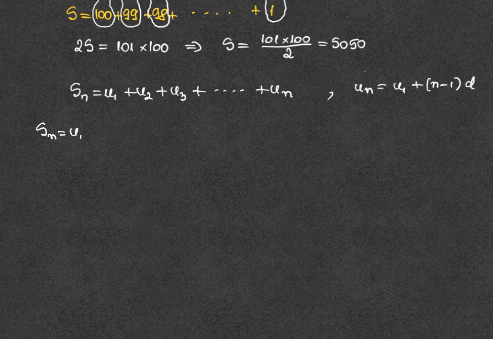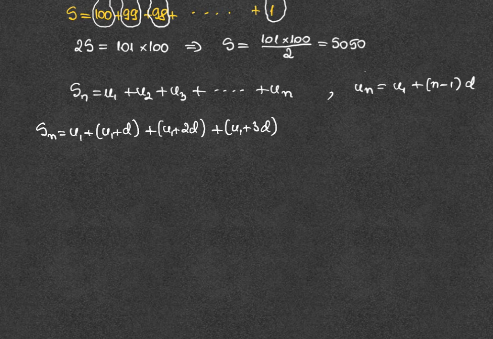Sn is u1, that's the first term, and now u2 is u1 plus d. u3 is u1 plus 2d. u4 is u1 plus 3d. Up to the very last one, which is going to be u1 plus n minus 1 d.